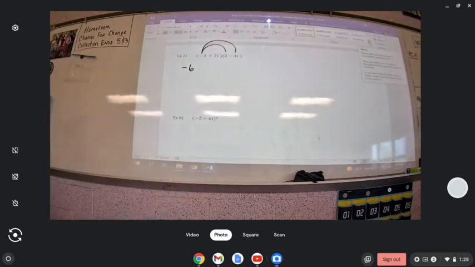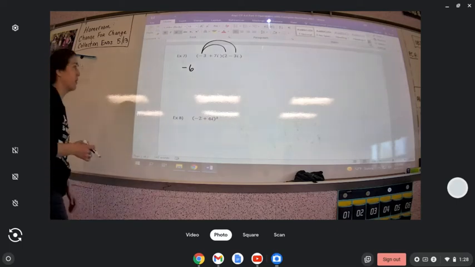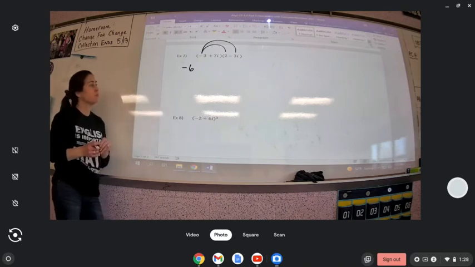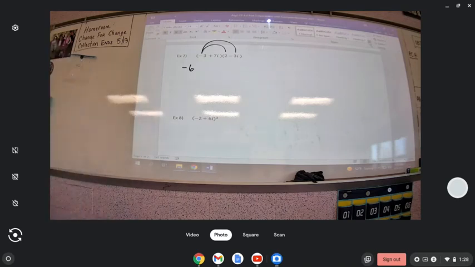And again, don't forget, when you distribute, that's a multiply step. You should be multiplying this together. And then when you combine, that's an adding step. Is this right? Yes. I think so. Looks good to me.